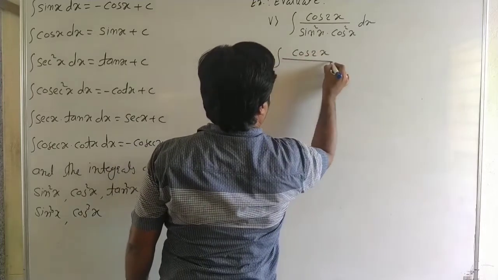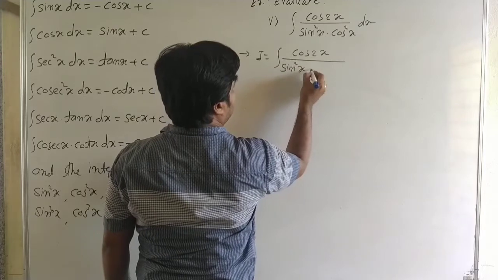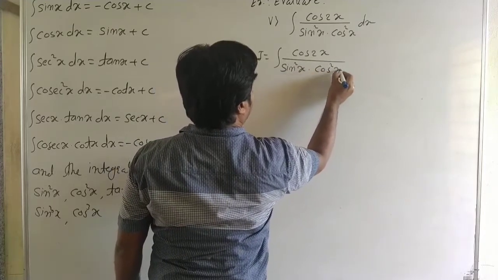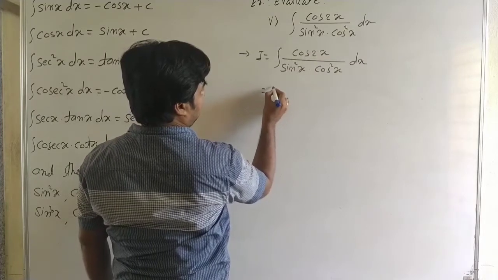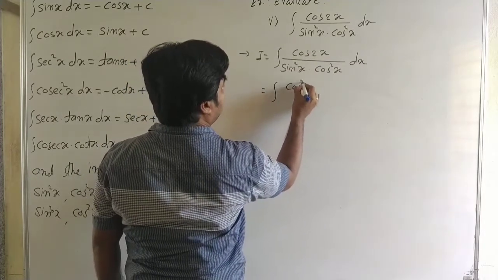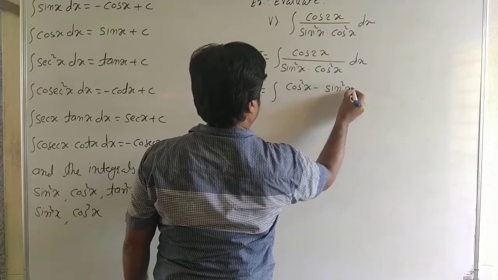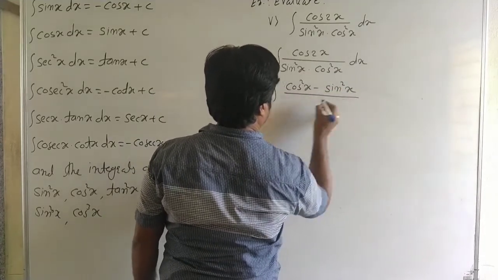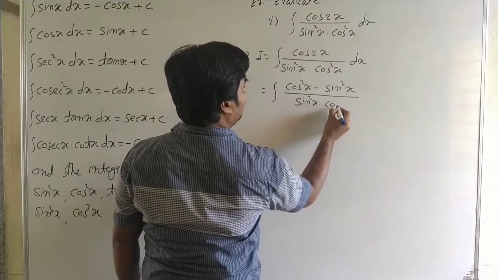Cos 2x upon sin square x into cos square x dx, and then cos square x minus sin square x upon sin square x into cos square x.